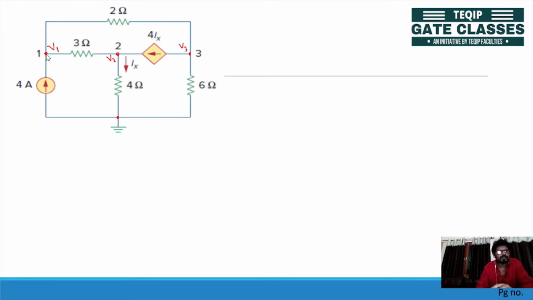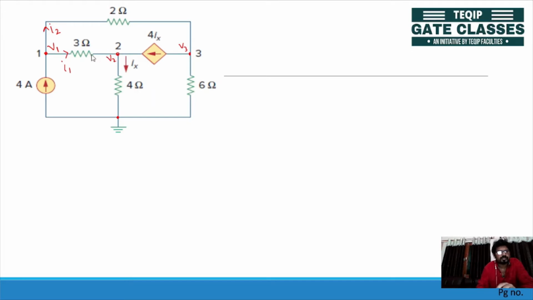Suppose we start with this node: three branches are connected to it. One branch already has a 4 ampere current source. Assume the current in this branch is I1, and the current in this branch is I2. This node is clear. Now come to node 2. Three branches are also connected to node 2.